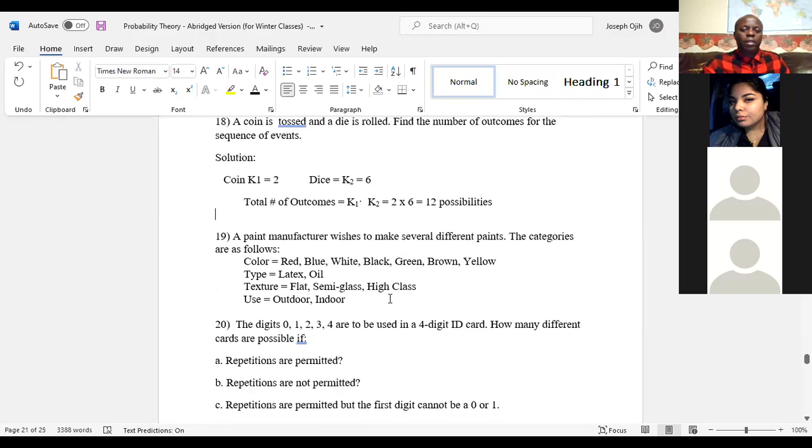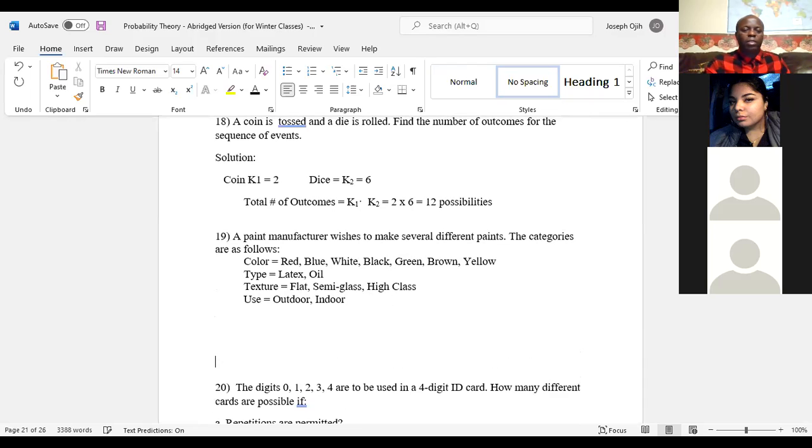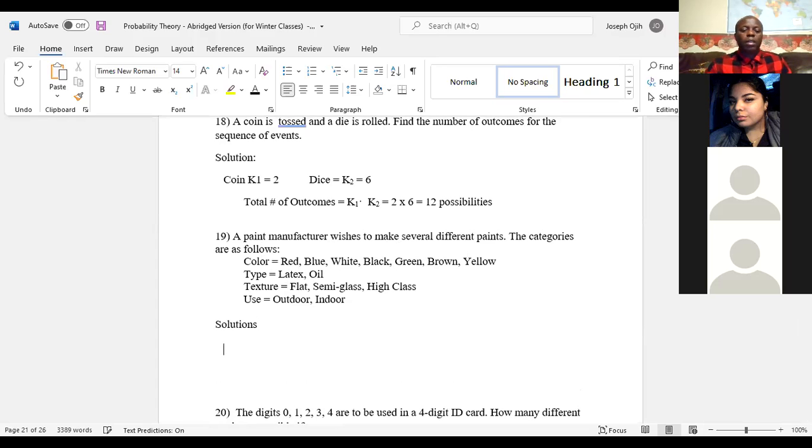Next one is the application. I like to use applications because I believe that theory is practice. It says here, a paint manufacturer wishes to make several different paints, and these are the categories: color: red, blue, white, black, green, brown, yellow; type: latex, oil; then texture: flat, semi-gloss; and use: outdoor, indoor.